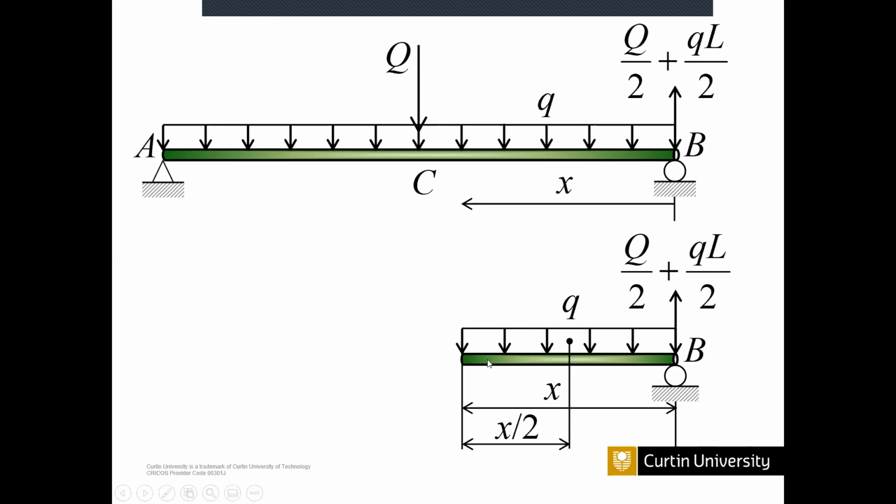This is qx, the total load, and you need to multiply by this distance, the centroid distance. So the bending moment around this point due to this load needs to be calculated separately and then get the summation.